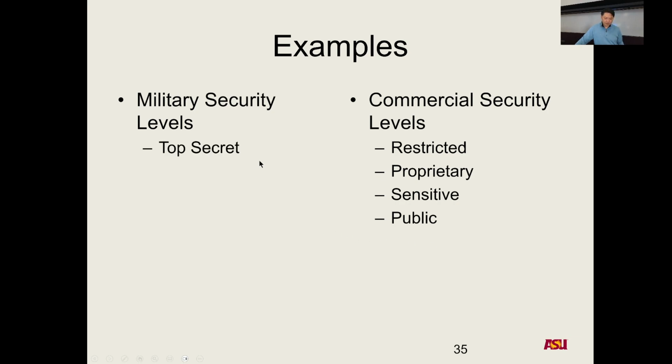Top secret, and secret, confidential, and unclassified. Okay, this is an example of secret levels. So these levels give us a way to classify the information or assets to be managed appropriately.